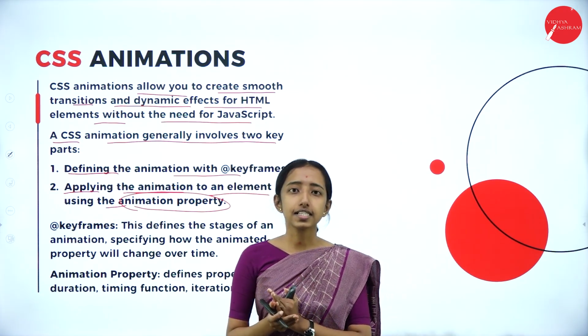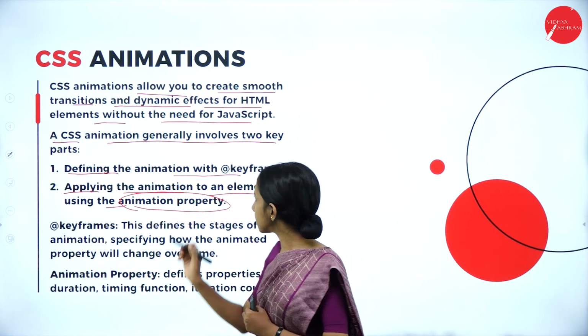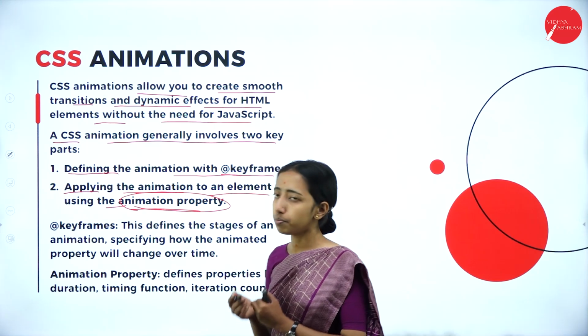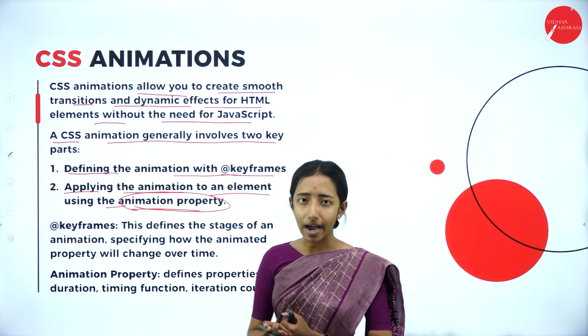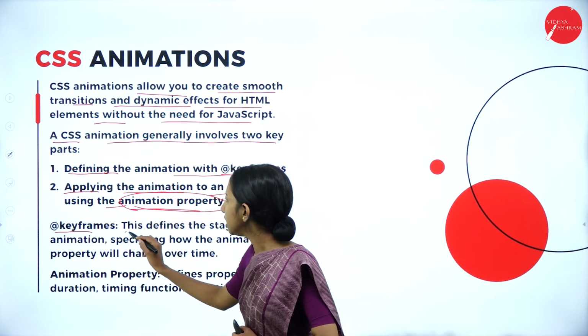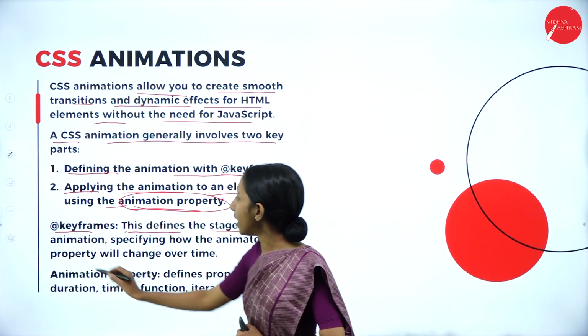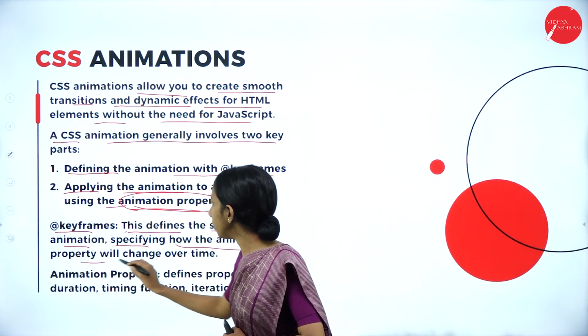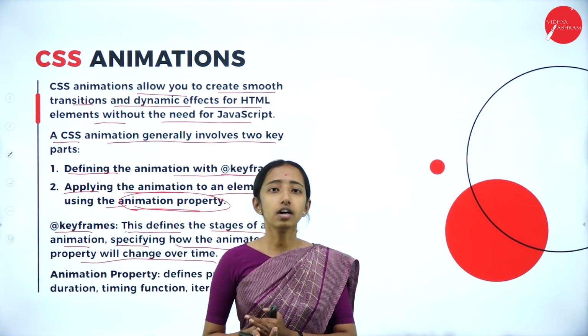So CSS consists mainly of two parts, that is @keyframes and the animation property. So what do you mean by a keyframe? Keyframes define the stages of an animation, specifying how the animated property will change over time.